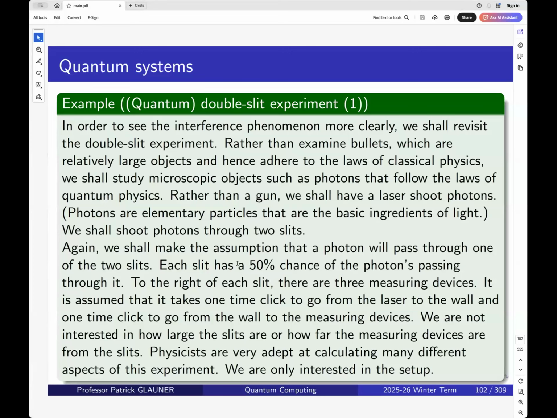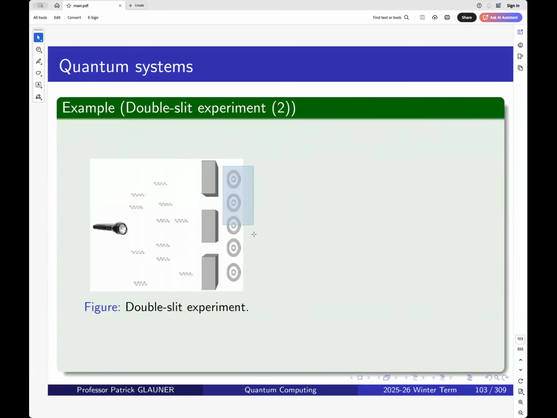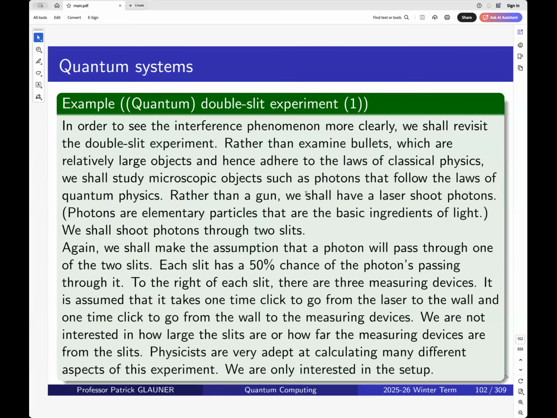And we make some assumptions that a photon will pass through one of those two slits. And we simplify the experiment a bit, and each slit has a 50% chance of the photon passing through it. And then behind each of the slits, we have 3 measuring devices, these ones and these ones, but here we have this shared one as before.